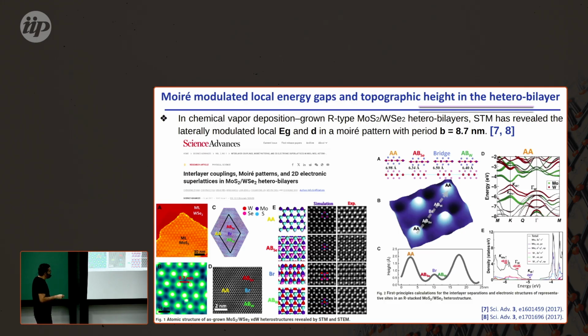As you can see, for the profile of the potential, you have some hills and valleys for the different spots with the different stackings.